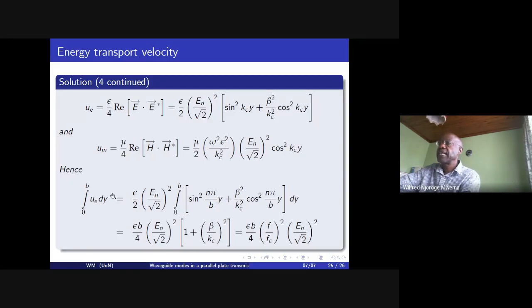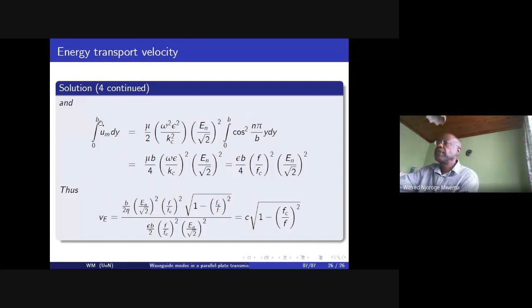And hence, when we look for the average energy stored in the electric field, we have to do an integral over a unit width plate, and we'll get that expression, which we can reduce to that expression there. And for the magnetic field, we'll get that expression.